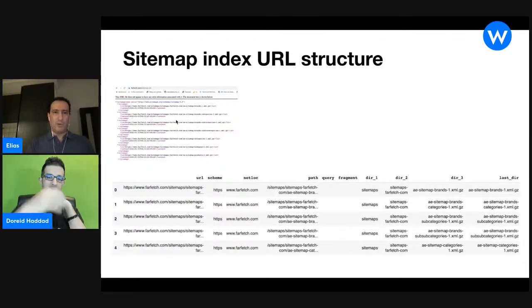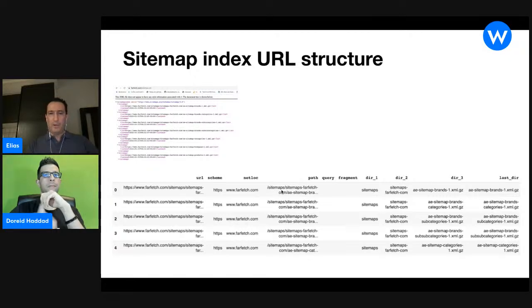Then we extract those URLs and we split them. Now these are a small sample. These are like 5 URLs from the sitemap index. And this is the URL, and these are all the components of the URL. So we can play with it the way we want. The scheme, network location, the path, query, and format.